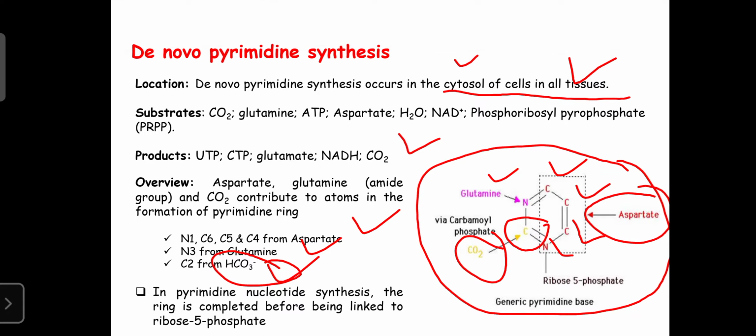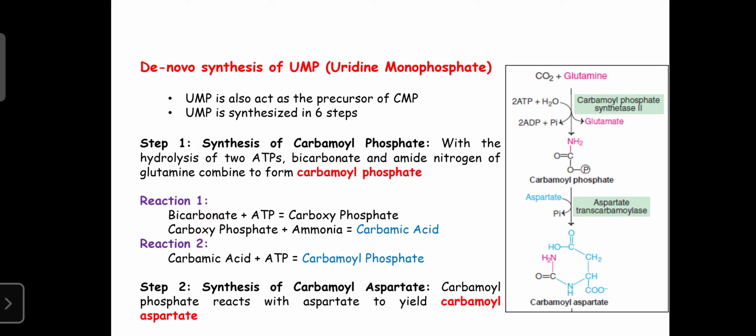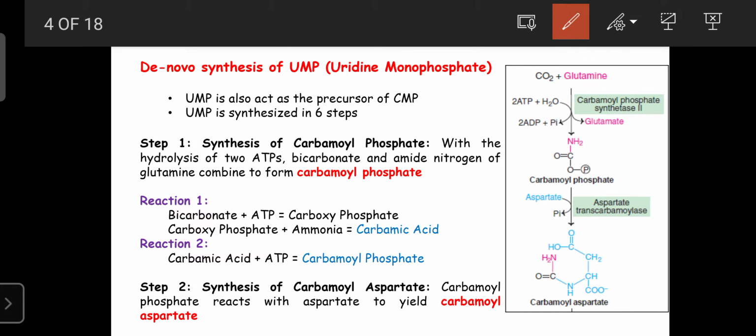Now we can learn step by step. The synthesis of first UMP, that is uridine monophosphate, from which the further nucleotides are formed. UMP is also the precursor for cytosine monophosphate, and the synthesis of uridine monophosphate is completed in 6 steps.